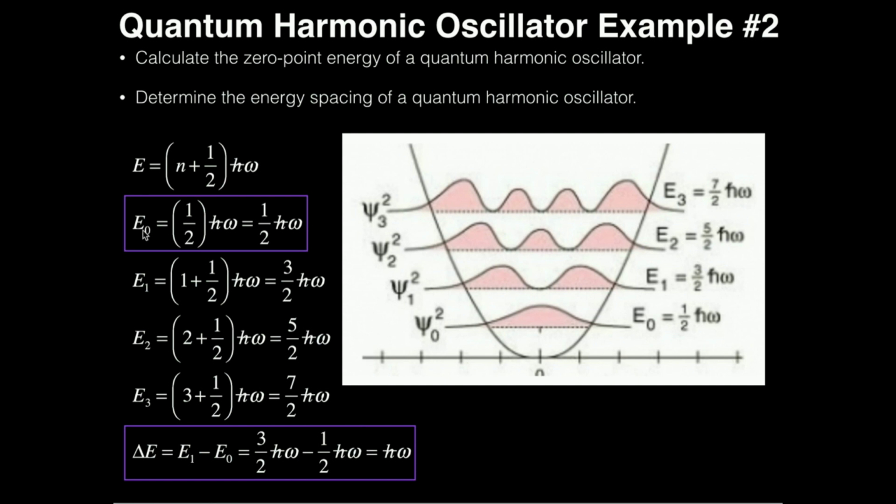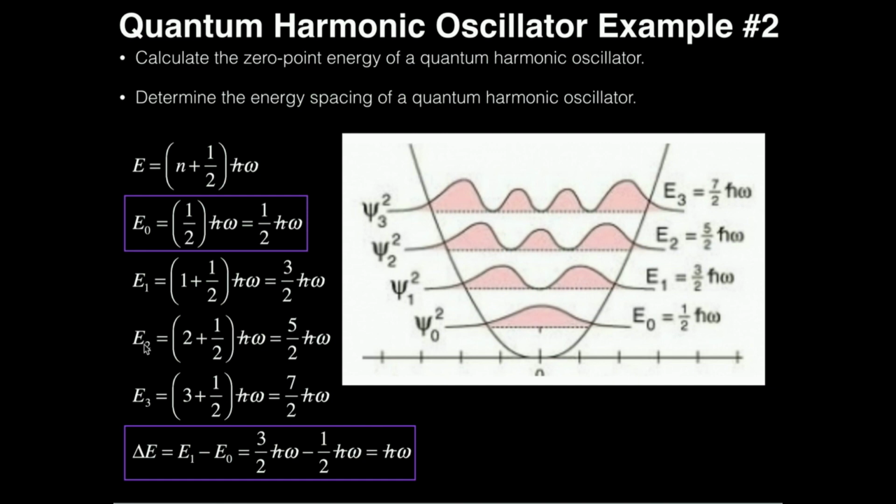We already determined the zero-point energy. Let's now calculate the energy at the first energy level, n equals 1. So plug in a 1 anywhere I see an n. So it becomes 1 plus 1/2 times h bar omega. Now remember, 1 is the same thing as 2 halves. So this becomes 3/2 h bar omega. Now let's determine the energy of an n equals 2 harmonic oscillator.